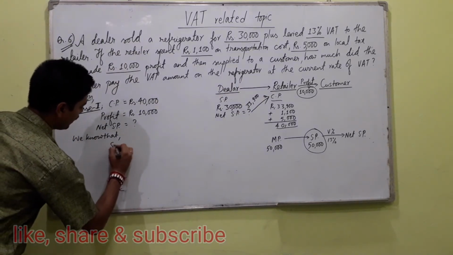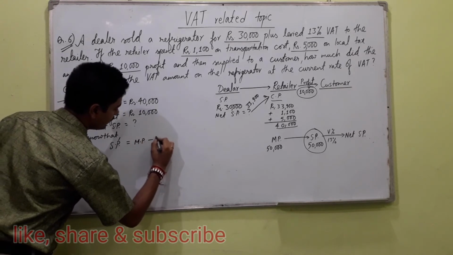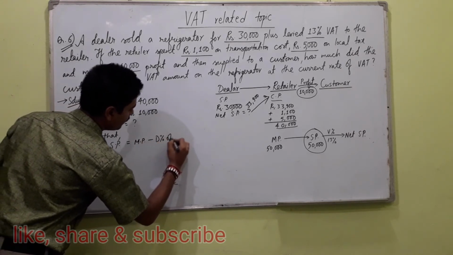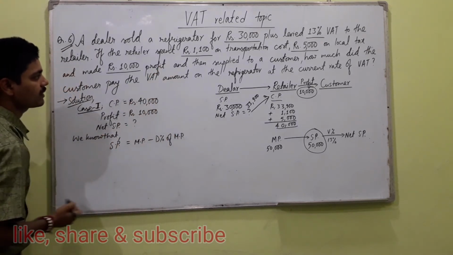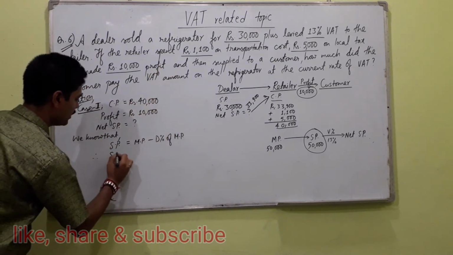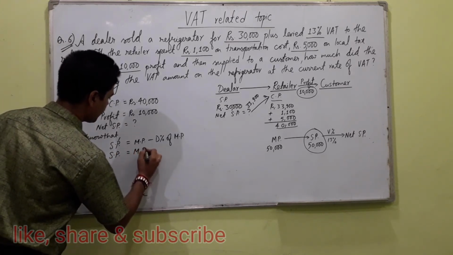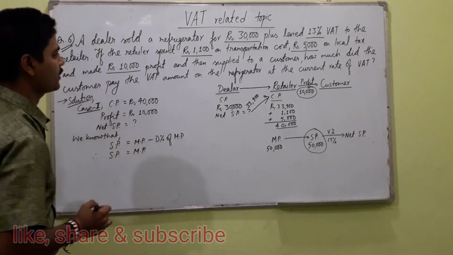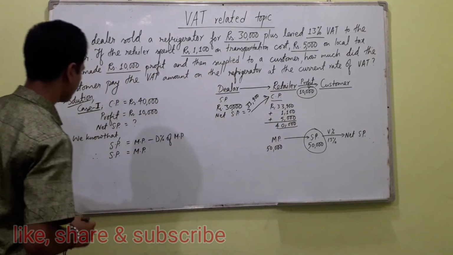So here we will write selling price is equal to mark price minus discount percent of mark price, but discount is 0 here, no discount is explained. Therefore selling price is directly equal to mark price. But what is a mark price actually? Mark price is the price along with the cost price.